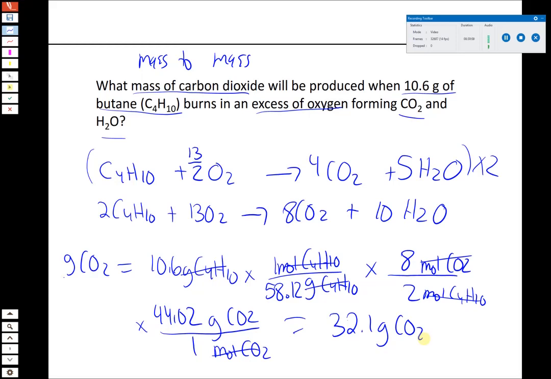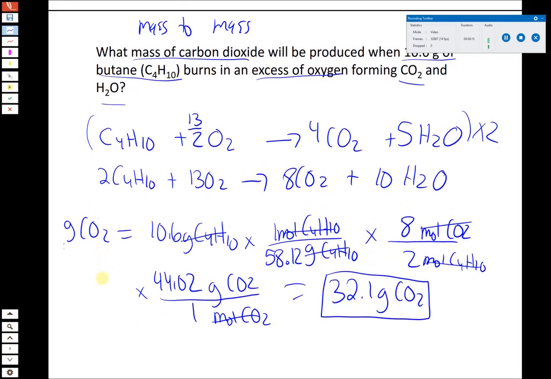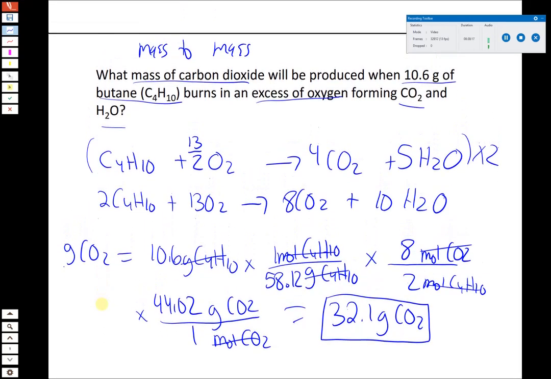That's it. Okay, so 32.1 grams of CO2 would be our answer in this case. Always good to double check your calculator work because that's the easiest place to make a small typo, even if you write out everything correctly. So I double checked, I got the same answer, so 32.1 seems to be right, and that's what you would have chosen for this one, which again, I don't remember if this is multiple choice or numerical, but that's the number we need to get.